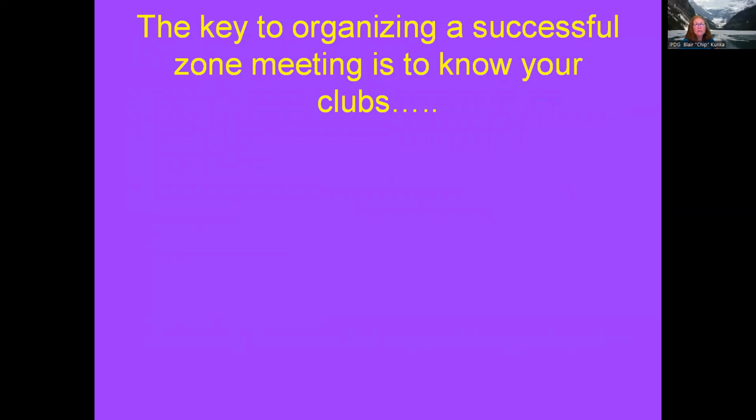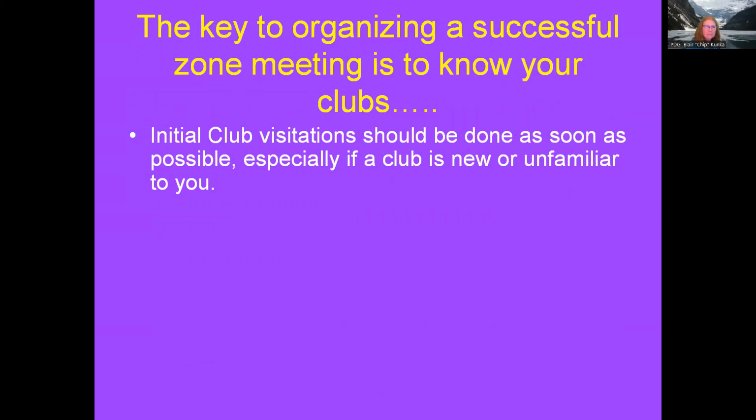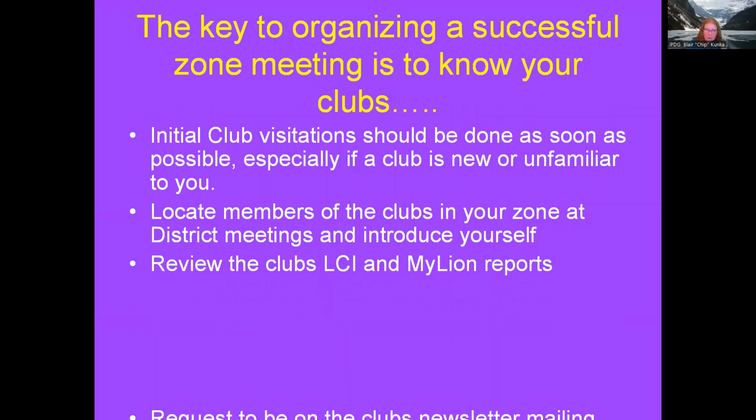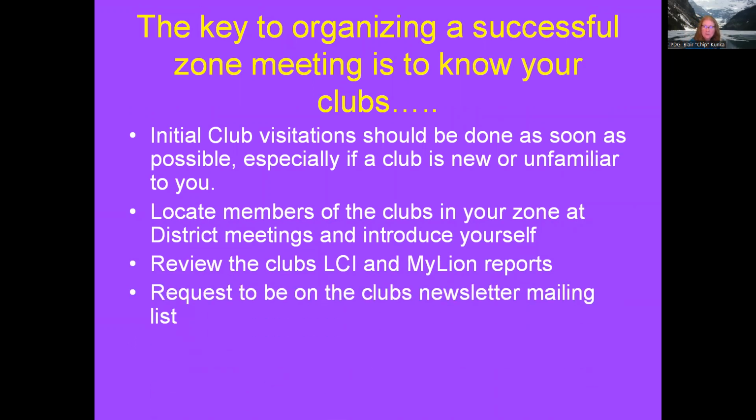Now, how do you organize a successful zone meeting? Know your clubs. Initial club visitations should be done as soon as possible, especially if the club is new or unfamiliar to you. You need to make sure you locate the members of the clubs in your zone at district meetings and introduce yourself. Review the club's LCI and MyLion reports and request to be on the club's newsletter.